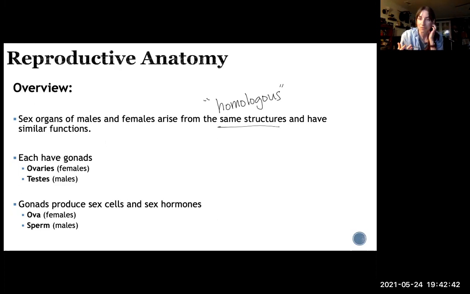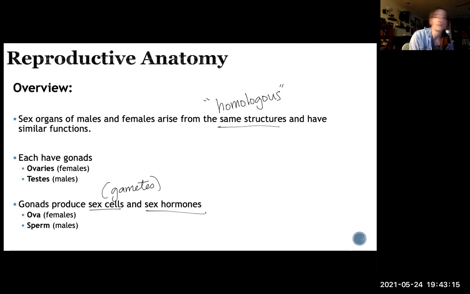Each sex has gonads. Females have ovaries and males have testes. Gonads are the organs that produce gametes, which, in the case of females, are eggs, and in the case of males are sperm, right?